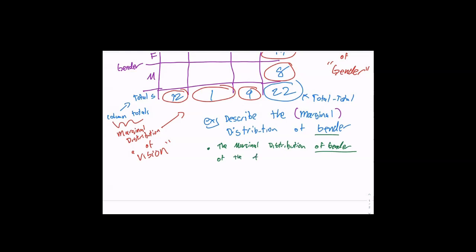AP. More specifically? AP Stats. More specifically? 22. There we go. 22 AP Stat students. It is the AP Stat students, correct, but we have to make sure we're talking about 22, because we need to know how many students we are talking about.